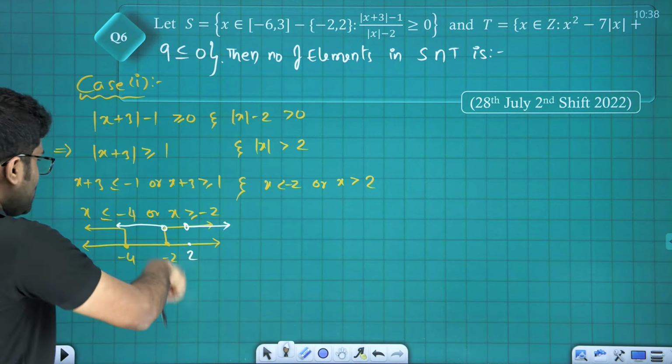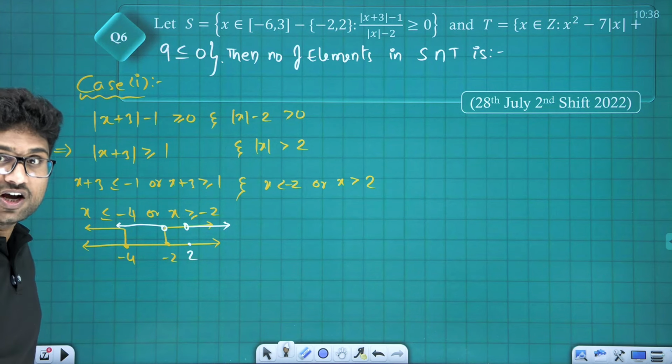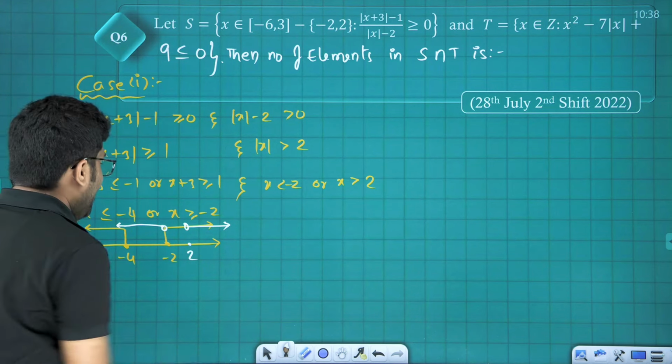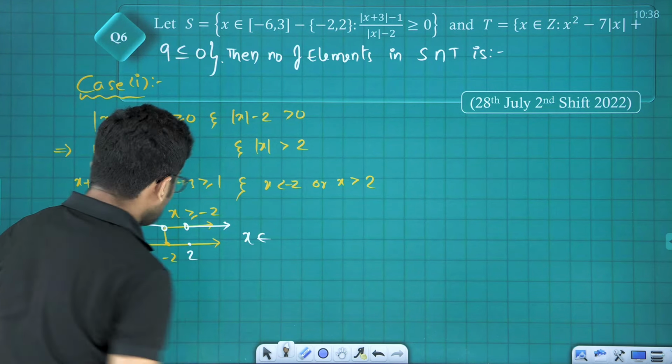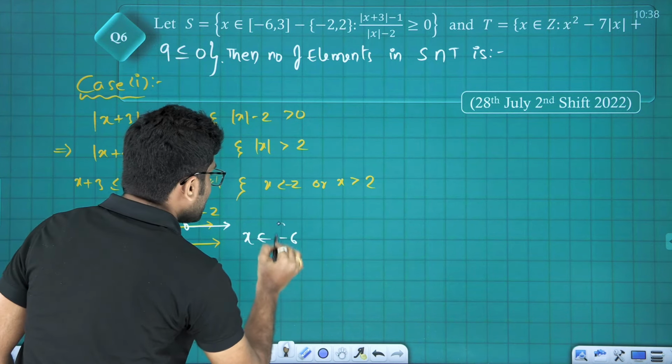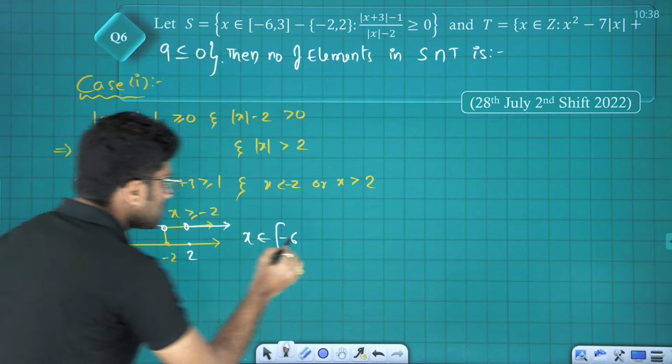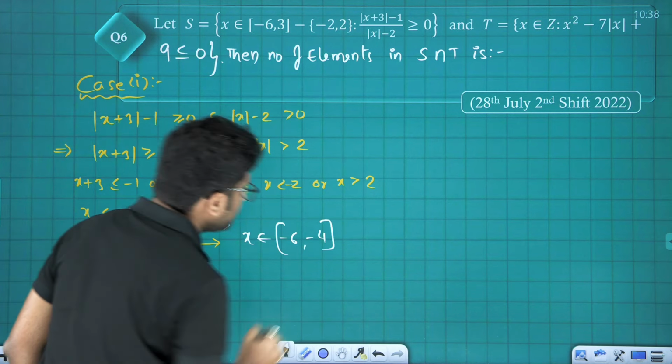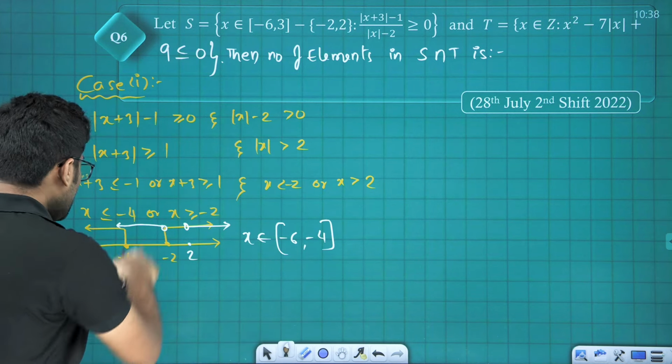Now what is the common region in both? We have to take the common, why? Because it is 'and'. So clearly x belongs to closed minus 6 to closed minus 4. Minus 4 is also included.